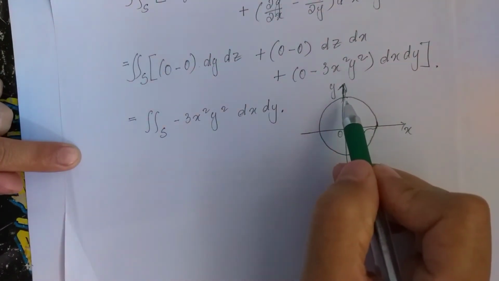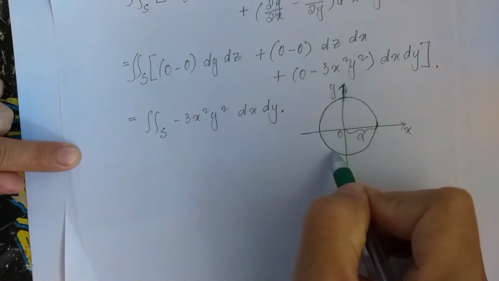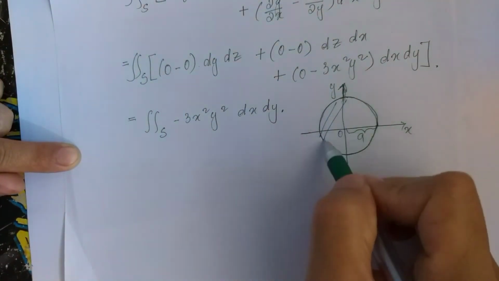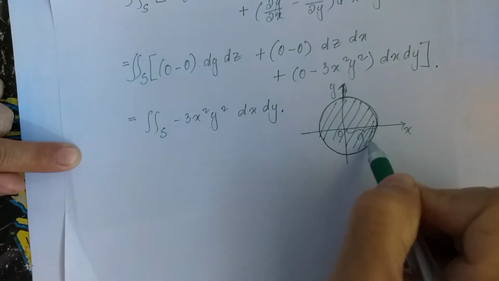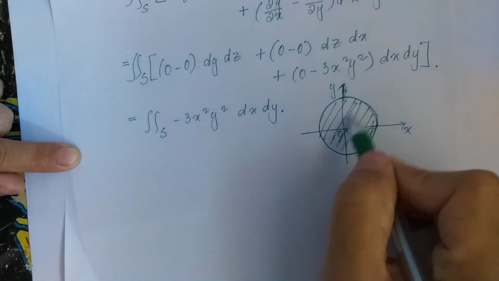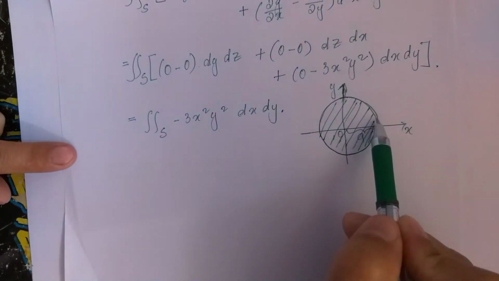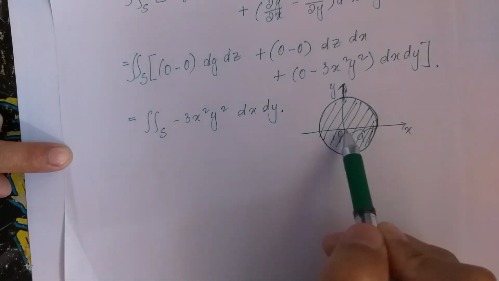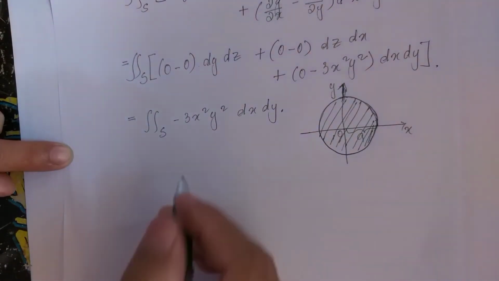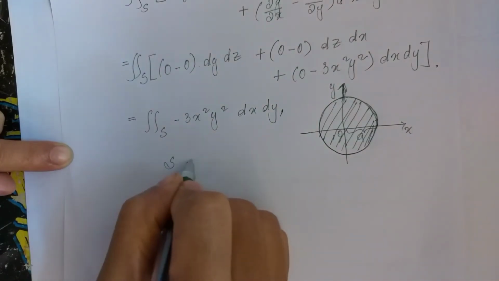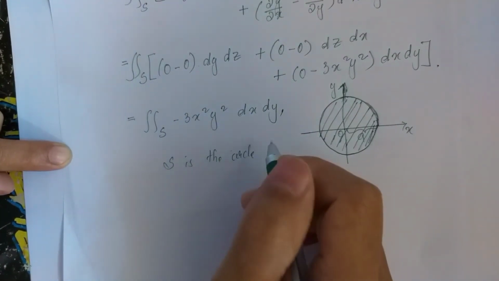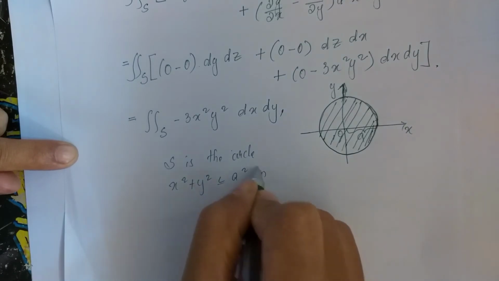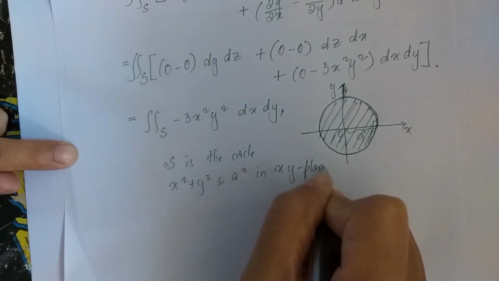Since this is the boundary curve of S, S is going to be this surface, the surface inside this circle of radius a, in the xy plane.